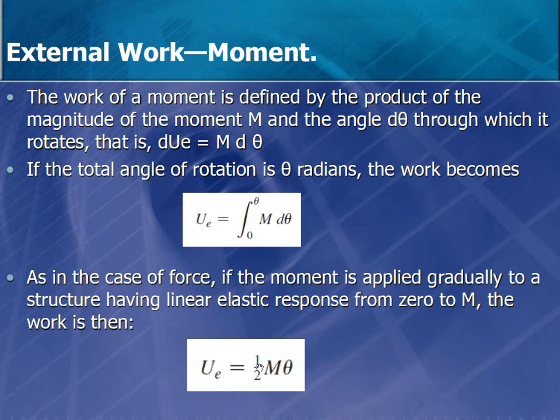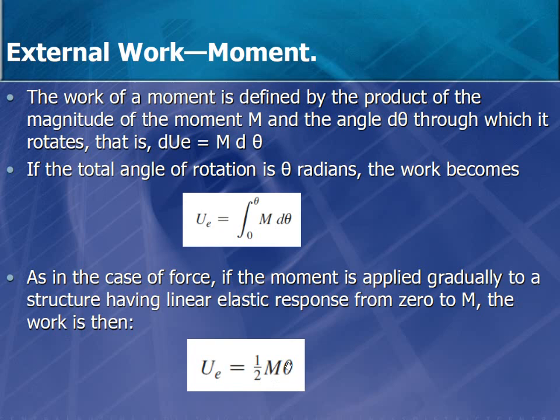So the external work done by a moment is going to come out similar to the way that when it's 0 there is no rotation. When the moment is applied, gradually increasing it, it's going to increase d theta, small theta as we're explaining it, and at the end, if you assume that there is a moment, the external work will be half of the moment, the same way that we assume that it's linearly increasing there.